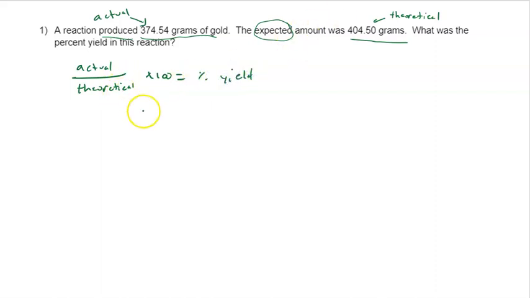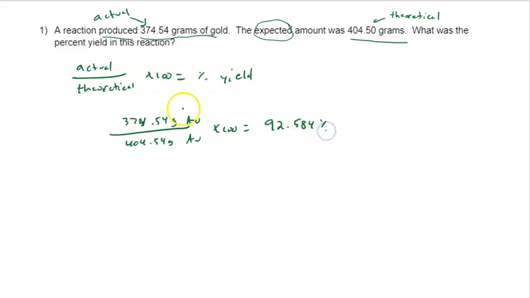So in this case, we will just rewrite this to be 374.54 grams over 404.54 grams, and these are both gold, and then times 100, and I should get 92.584%, and I do have 5 sig figs, so I'm going to take it all the way out to the 5.584%.